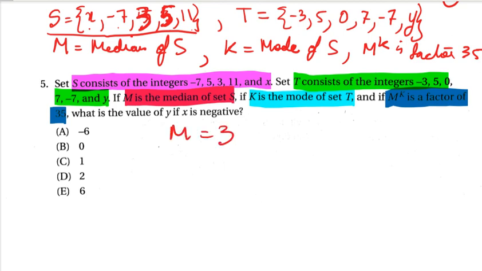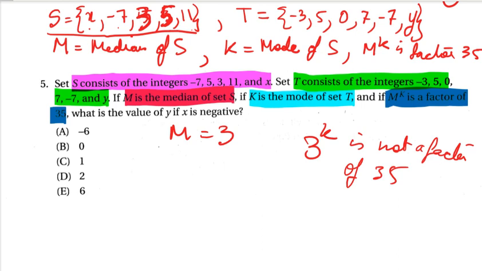But if you take M as 3, then 3 to the power K is not going to give you a factor of 35.